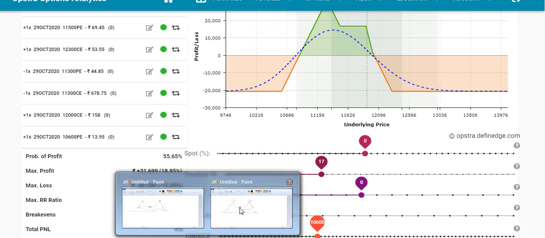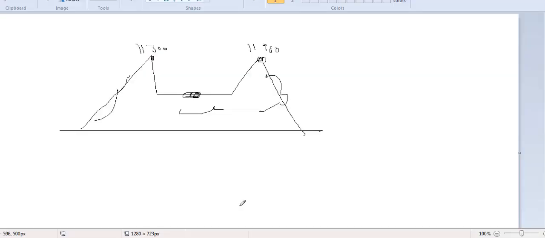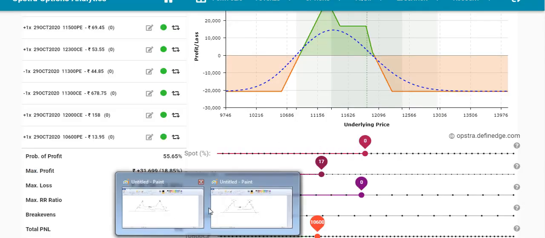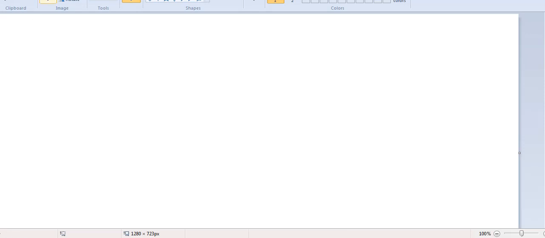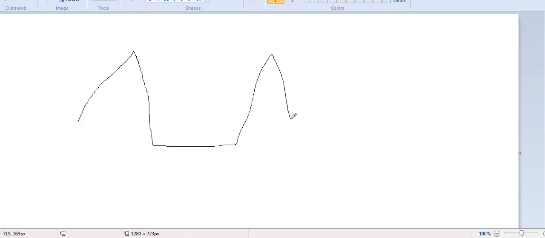But at that point you will not make the maximum loss because your maximum loss is already defined in the strategy. At that time also you can adjust your position, but your payoff graph will look different, like this. This is your profit, and this area will be in loss because you have already missed your adjustment point.